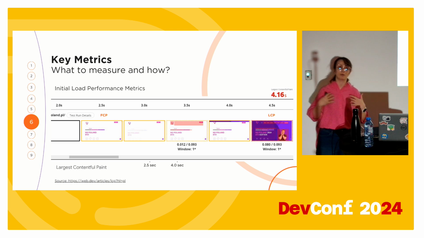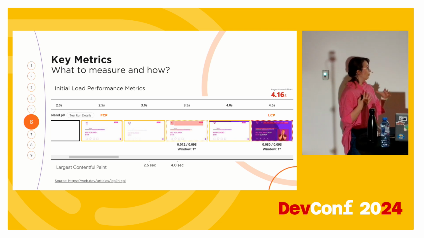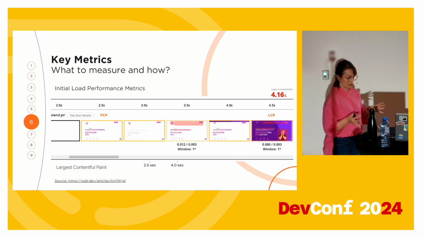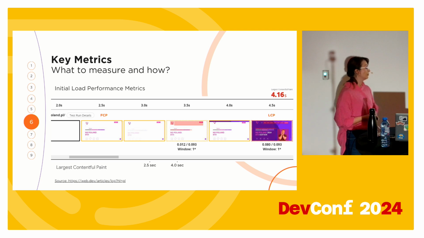It could also be text, but let's stay with images. It is very important to prioritize our LCP because it should be rendered as soon as possible. As you can see here, the time was over 4 seconds, so it's really, really long. And remember, never lazy load the LCP image.